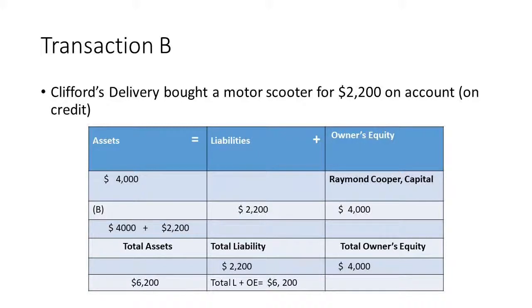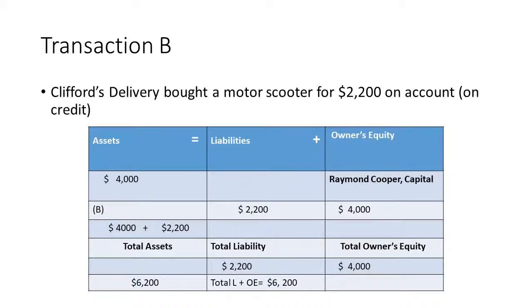Did I say 62,000? I am sorry. We're making too much money too soon. Hey, where'd you hide that money at? I'm sorry, 6,200. That's right. Make sure the teacher is correct. So assets 6,200 equals liabilities 2,200 plus owner's equity 4,000.